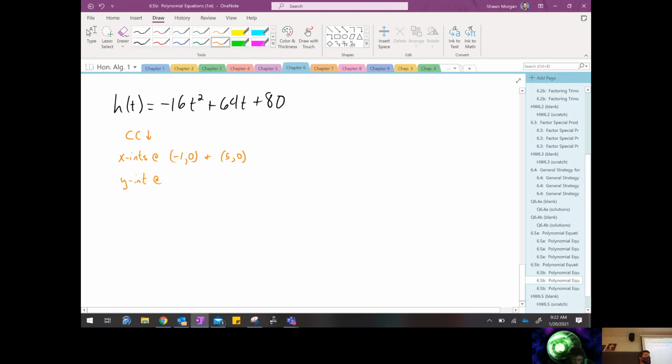Can you easily tell me what the y-intercept is? It is 80. Very good. And the y-intercept is easier to find than the x-intercepts. You could use the cover-up principle, right? Because that's like plugging in t equals 0. All right, so we've got 0, 80. All right, now let's put all of that together in a picture here.